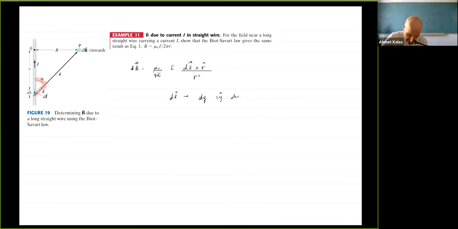So I can write this as mu 0 over 4 pi times I times, okay, dl cross r is dy times sine theta, and divide this whole thing by r squared.